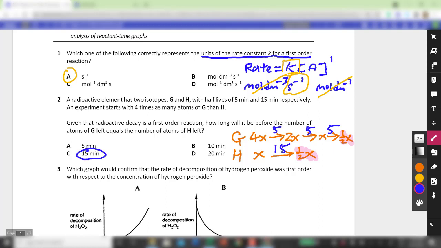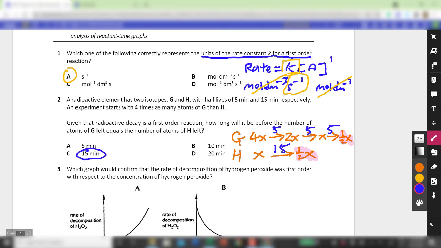There is a common misconception that students have, which is to actually pick 10 minutes. The argument the student has would be, you see, G, after 2 half-lives, I reach x. So that's 10 minutes, right? Then isn't that the same amount of H that I have at the start?